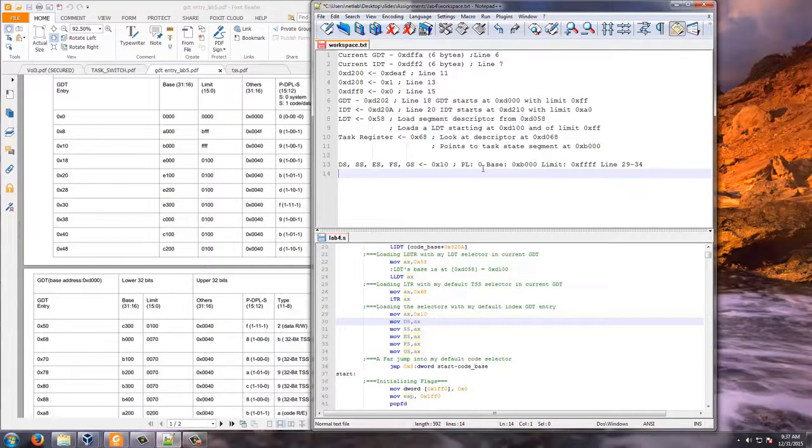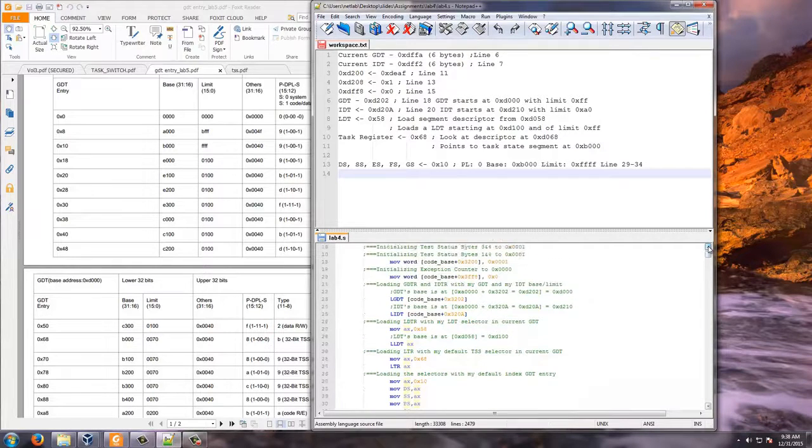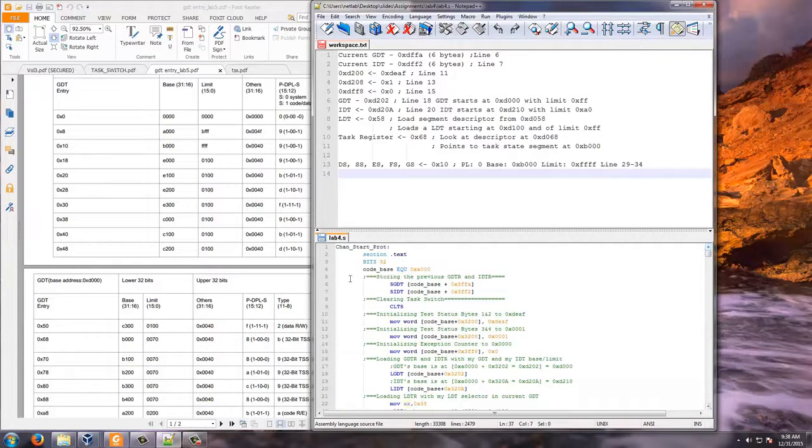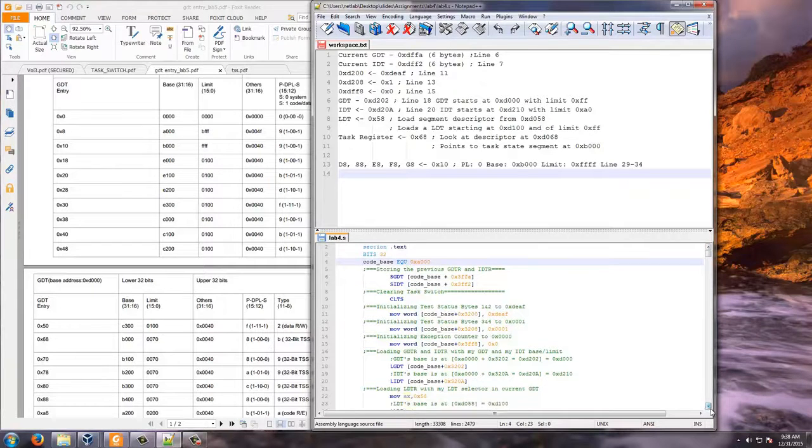Now in line number 36, I jump to the next word. If you say DWORD, start minus code base. Start is here, code base is starting here.